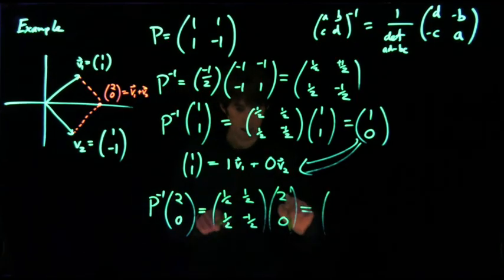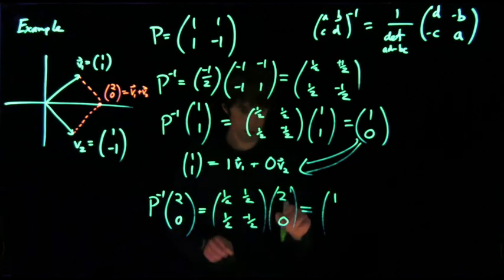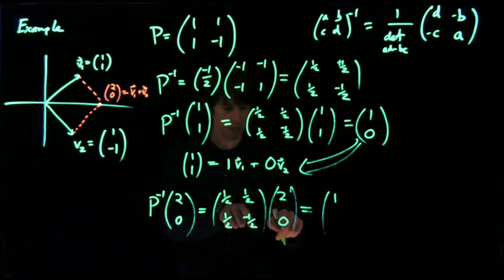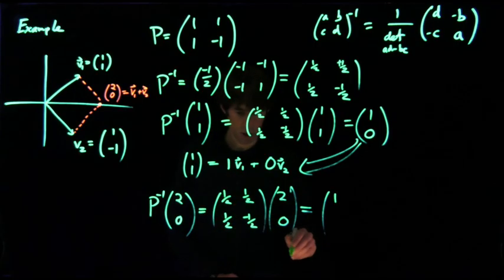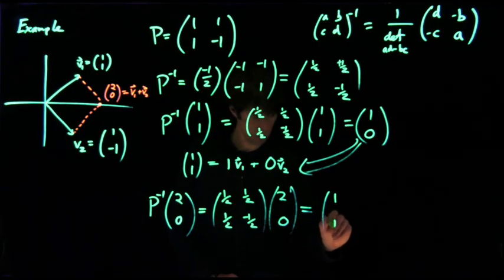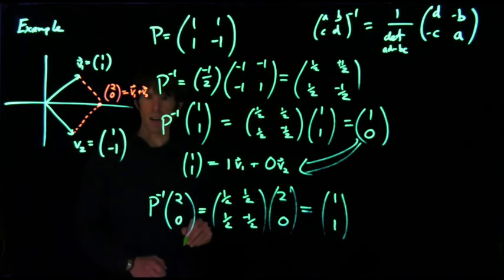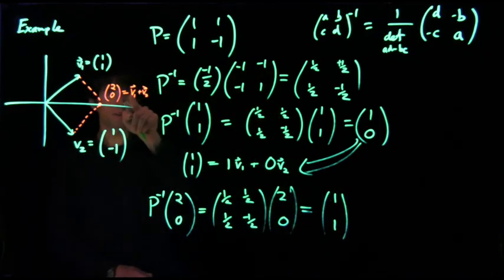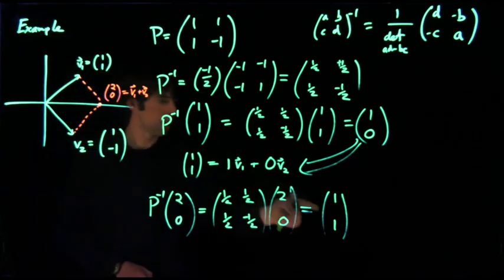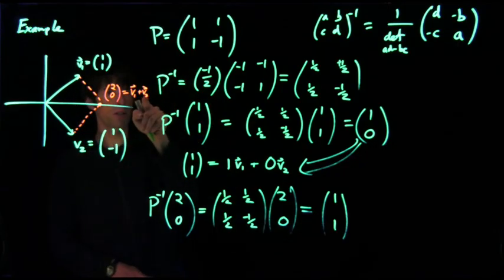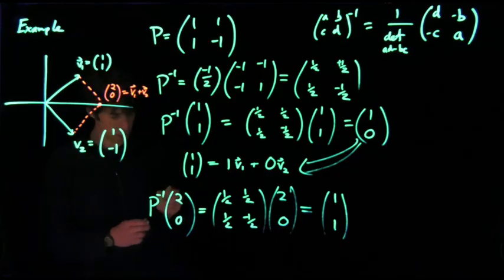And we get 1/2 times 2 plus 1/2 times 0. So that's a 1. And 1/2 times 2 minus 1/2 times 0. So we get 1, 1. And this one corresponds to the fact that this v1 has a coefficient of 1. And this one corresponds to this v2 has a coefficient of 1 there. So it all checks out.